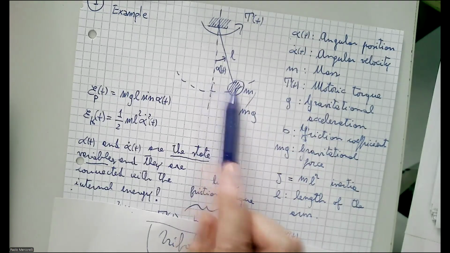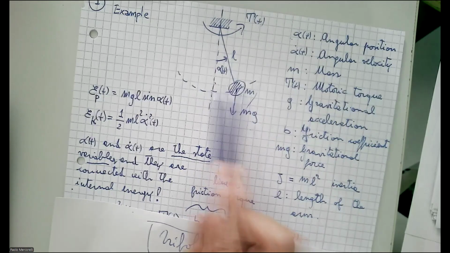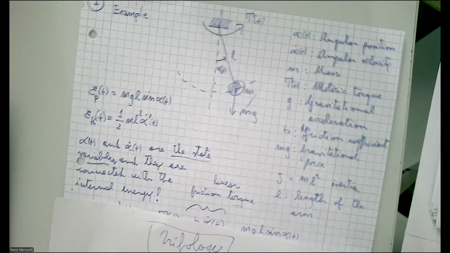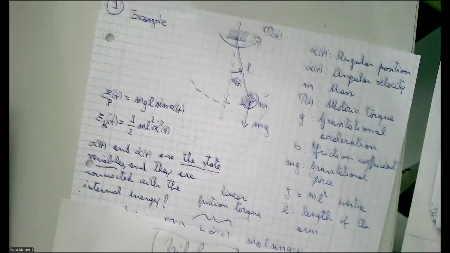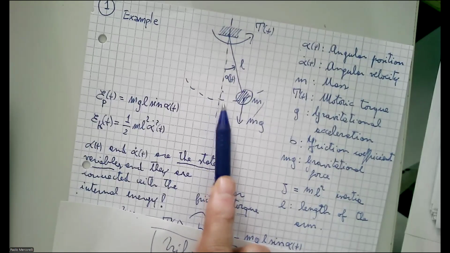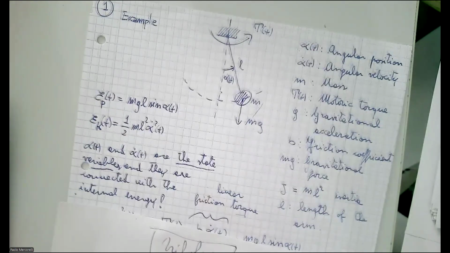This distance here reflects the potential energy because when this distance is zero, we have this point here. Basically, it is the lowest point in this sense. In the sense of potential, we have energy zero with respect to this angular position.